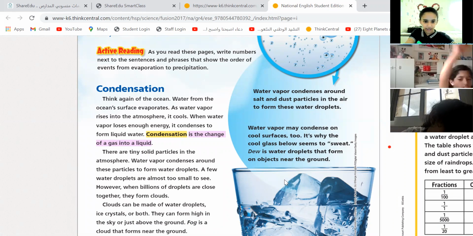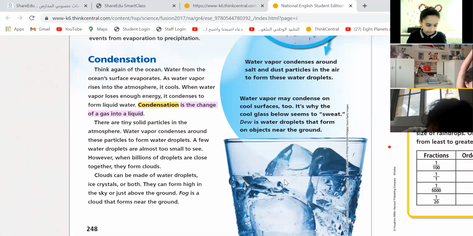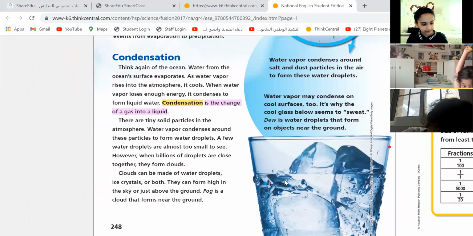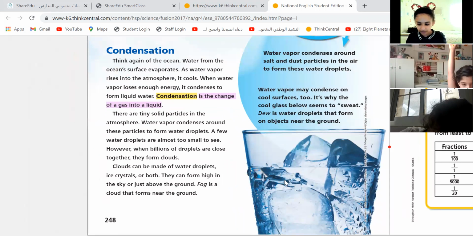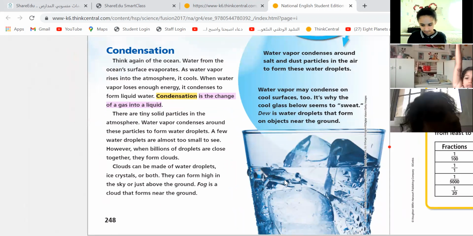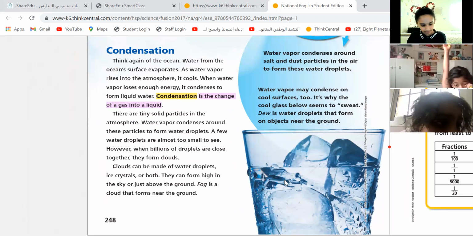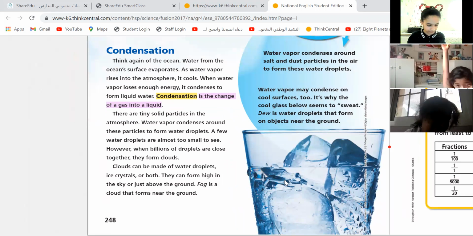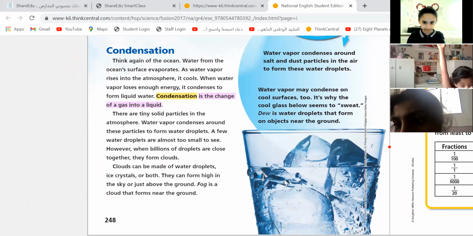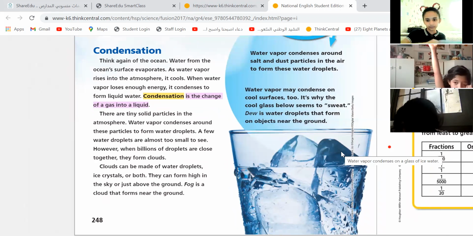Condensation happens when... I think when the cloud gets bigger. Okay, now let's try this. If you bring a cup of glass and you put ice and water in it, what is going to happen on the outer surface of this glass?